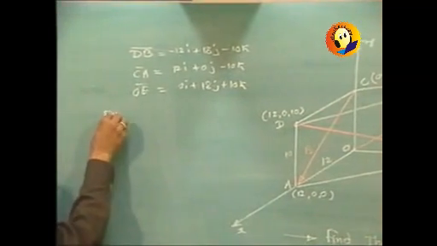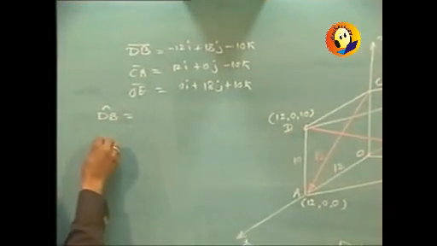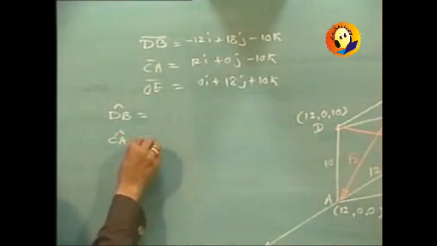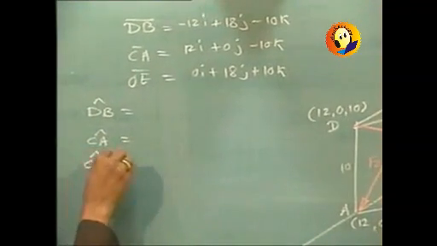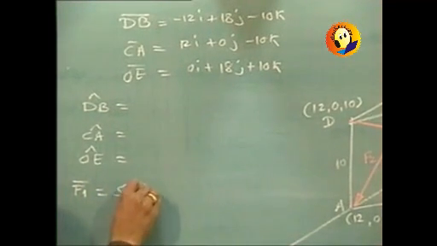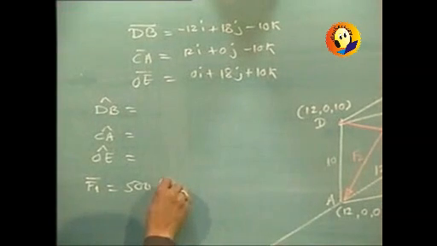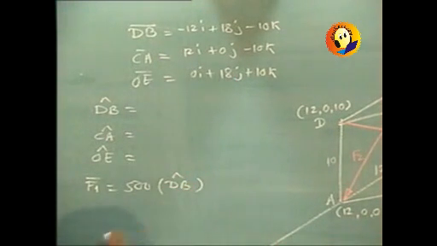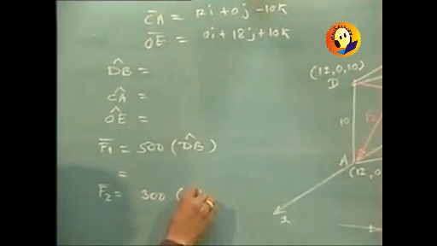Obviously the next step will be to find out DB cap, CA cap, OE cap. And then write down F1 bar, which will be 500 into DB cap. Find out F2 bar, which is 300 into CA cap.